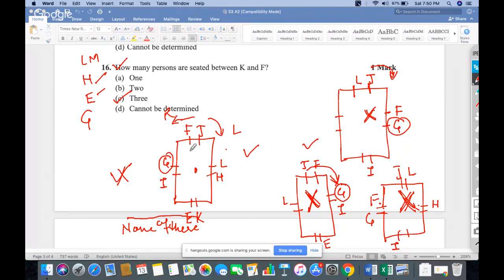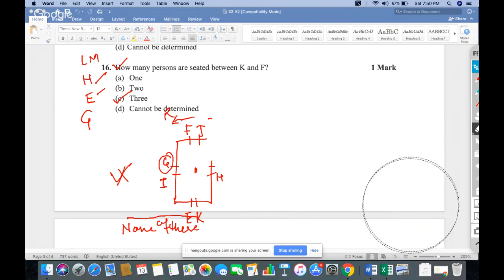Remember, I'm again repeating, if from the left side and the right side the number of people is different, then the answer would be cannot be determined in that case. So this is what it is, guys, from today's session. I hope you understood everything. If you have any doubt, do get in touch with me.